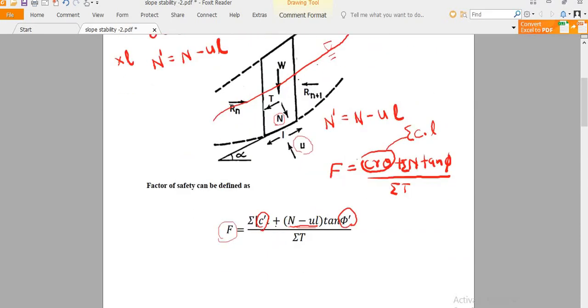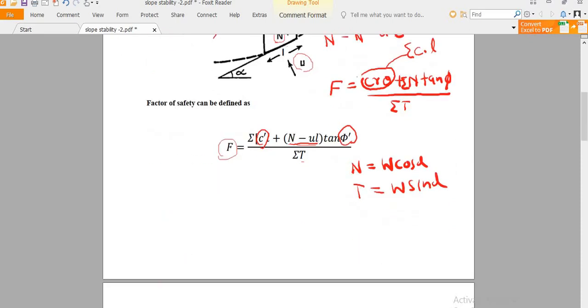We need to find N dash, which is N minus UL. T will be the same. I think you remember what N is. N is W cos alpha, as we learned in the previous lecture, and T is W sin alpha.